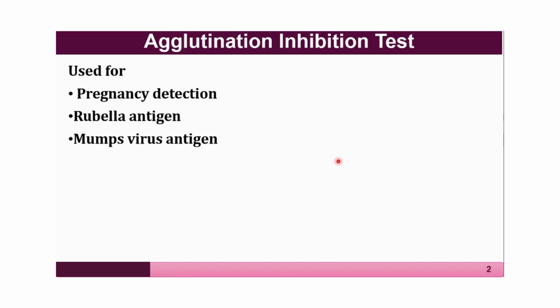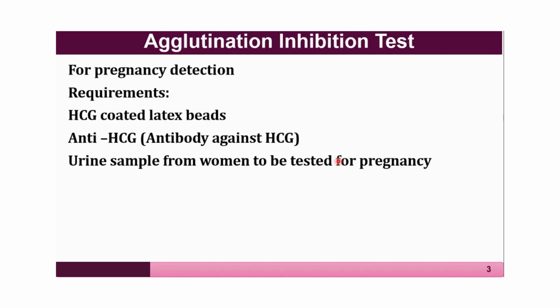So I'm going to take the example of the agglutination inhibition test for pregnancy. Here, the requirements are the human chorionic gonadotrophin coated latex beads. HCG stands for human chorionic gonadotrophin.